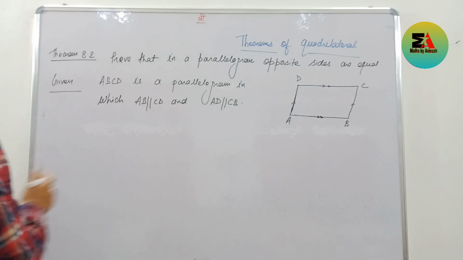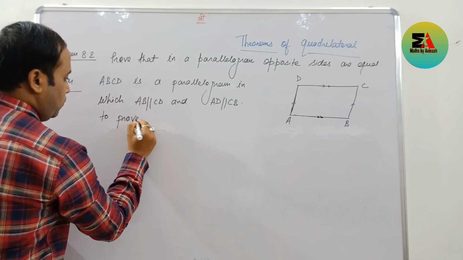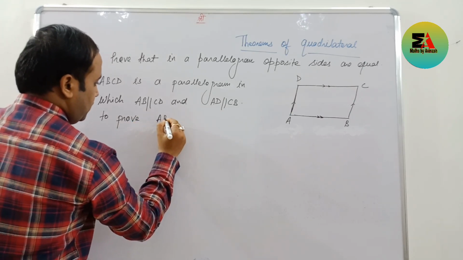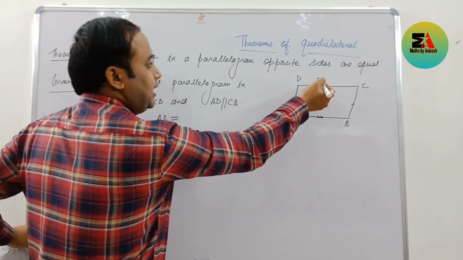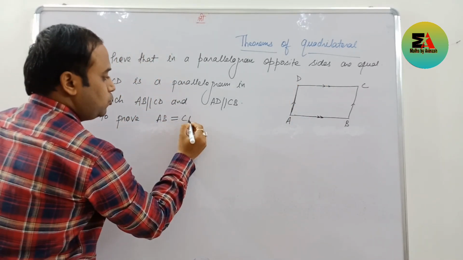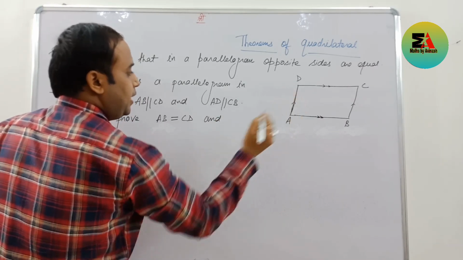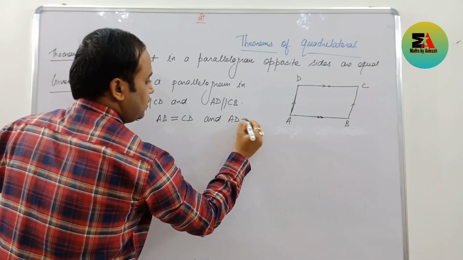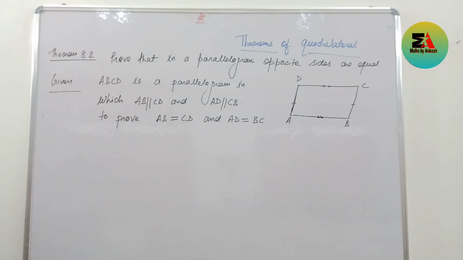To prove, what we have to prove? AB's opposite side is CD, so AB is equal to CD, and AD is equal to BC. This is what we have to prove.